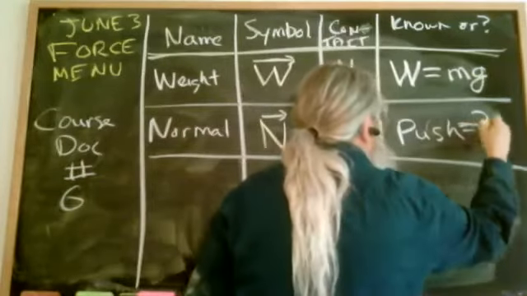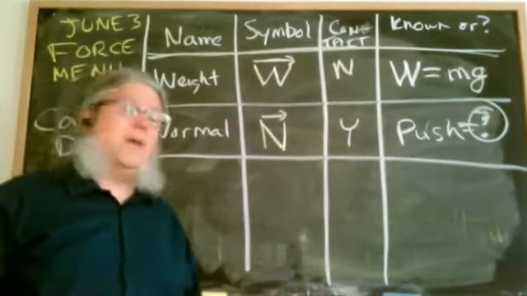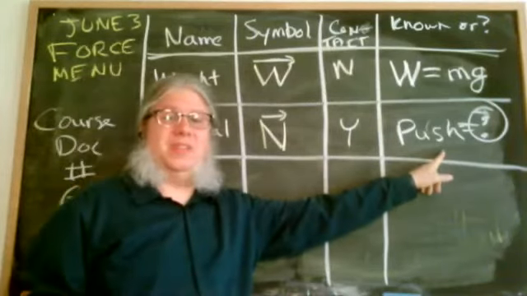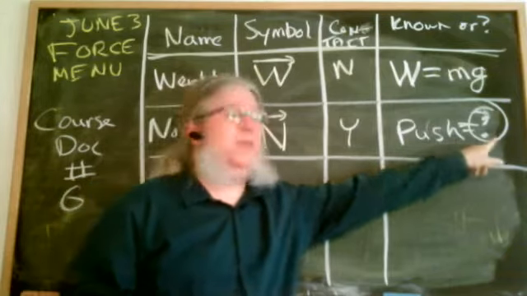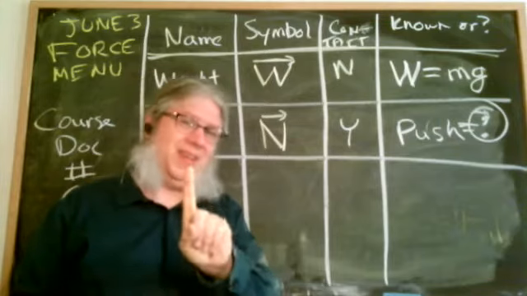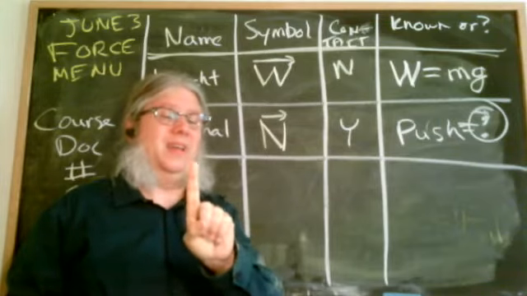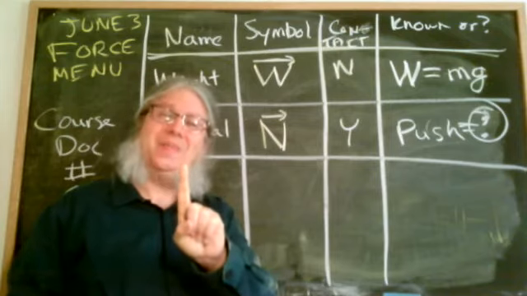And by the way, its value in general is unknown. There's no rule of thumb that will tell you what the normal force is. I'll say this again. There's no rule of thumb that will tell you what the value of the force is. In fact, there's only one way to calculate the normal force, and that is to apply Newton's second law.